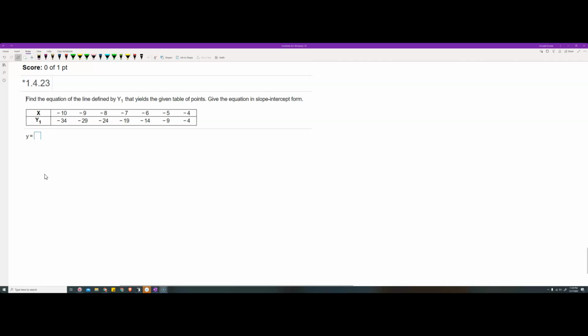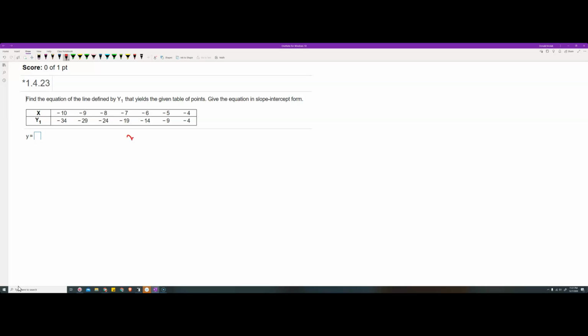All right, find the equation of a line defined by y1 that yields the table of data. Give the equation in slope-intercept form. Since you're told that this is a line, we can pick any 2 points to determine the slope.